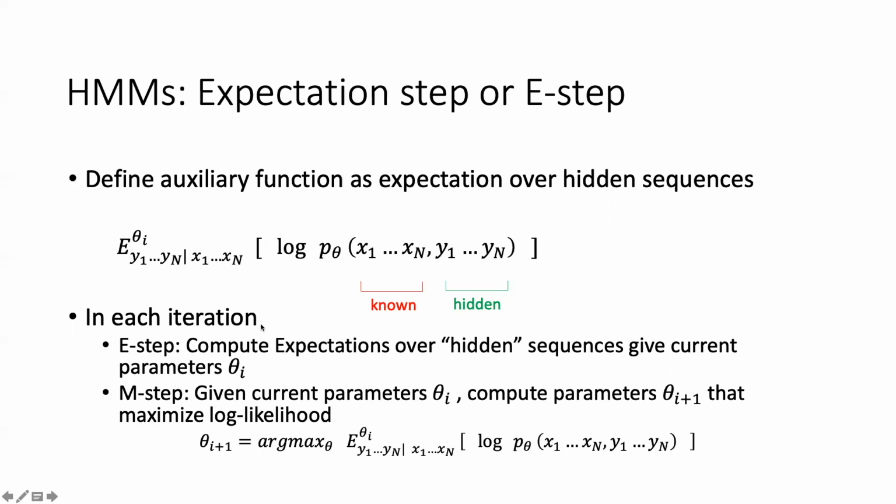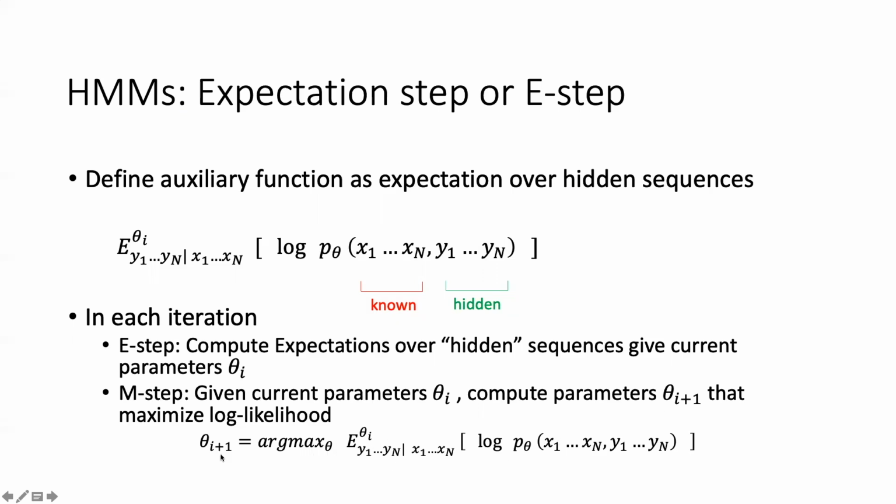In each iteration, we have an expectation step and a maximization step. In the expectation step, we compute the expectation over hidden sequences given the current parameter theta_i. And once we compute the expectation of this expression in the E step, given the current parameter theta_i, we need to estimate theta_i+1 by maximizing the log likelihood, which maximizes this expression.